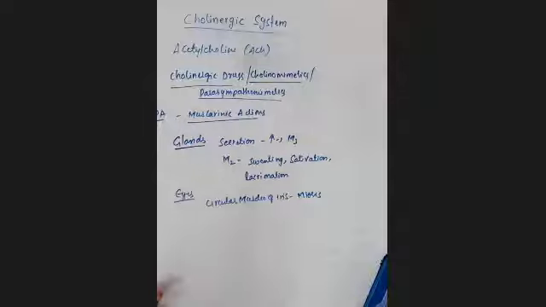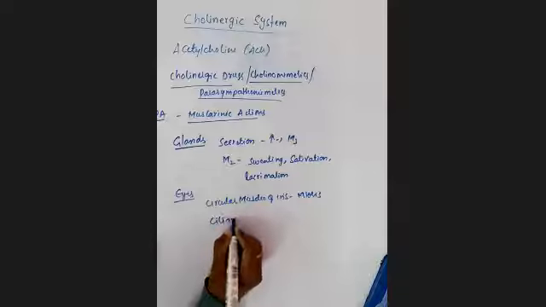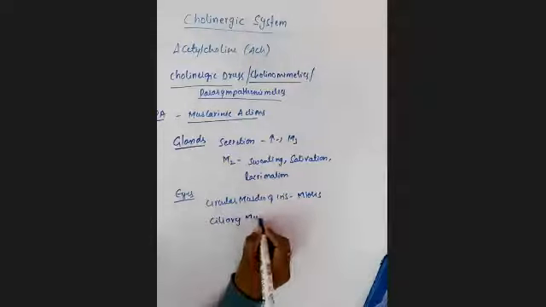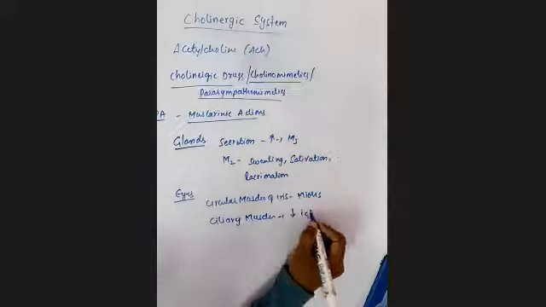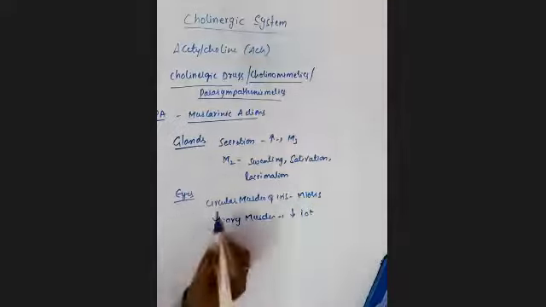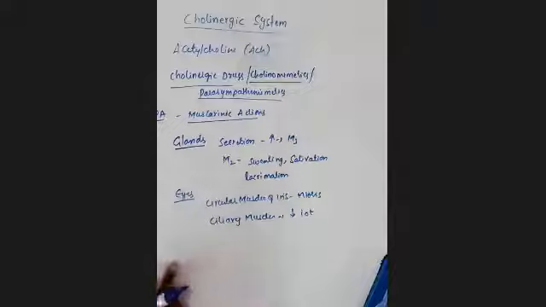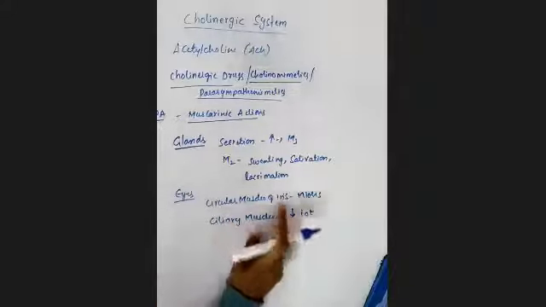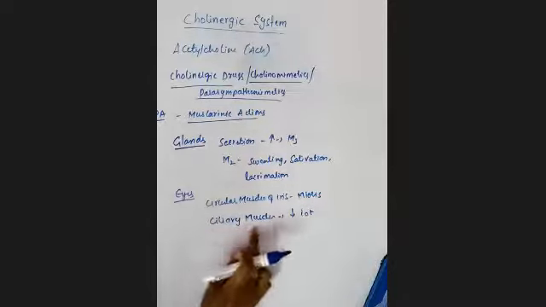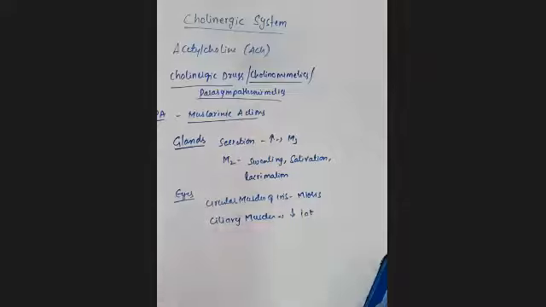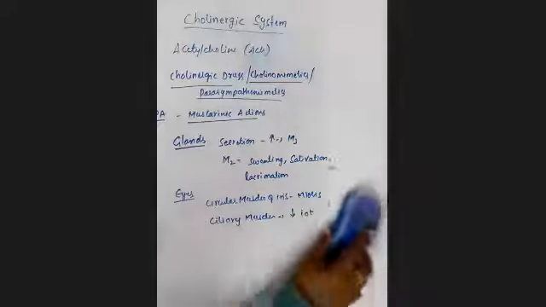Next one is contraction of the ciliary muscles, which decreases the intraocular tension. Clear. In both these cases you observe that contraction of the circular muscles of the iris leads to miosis, and contraction of the ciliary muscles of the eye causes a decrease in intraocular tension. Okay, this is all about the muscarinic actions.